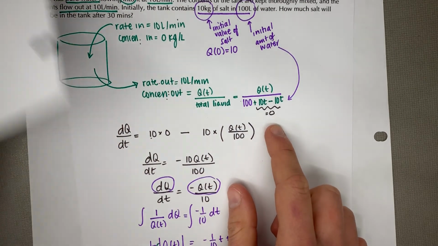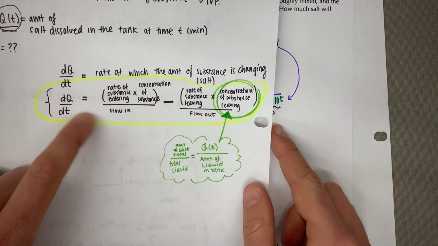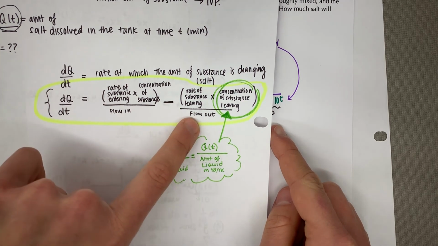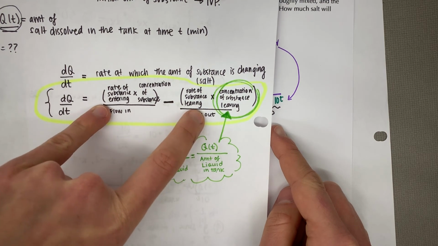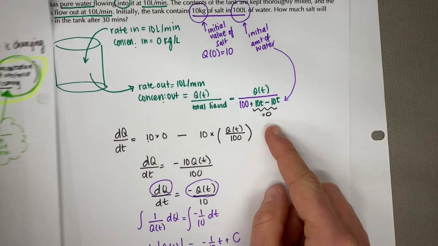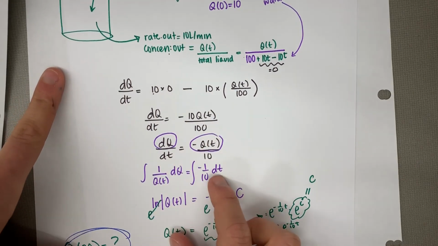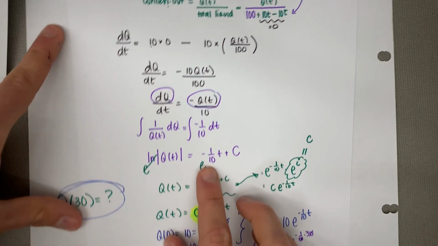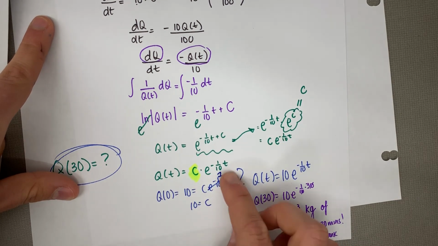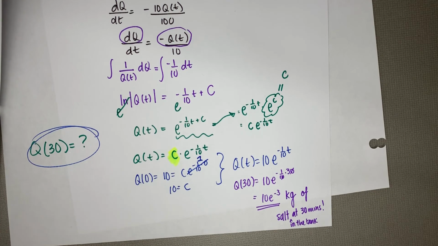Then we used our generic formula: the rate at which the substance is changing is dependent upon the rate at which the substance is entering minus the substance leaving, both of these multiplied by their own concentrations. So we took that generic formula, plugged in what we know from our context, separated variables, integrated, plugged in our initial value so that we can get c, and then found the specific time it's looking for.